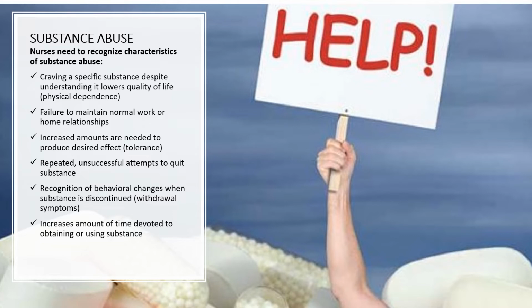With any illicit drug or prescription drug, as it becomes more and more abused, there's typically difficulty maintaining relationships at home and at work, right? So it's not just the addiction to the drug, it's also maintaining your normal lifestyle, which is now being harmed as well. So the work and the home relationships are suffering because of it.